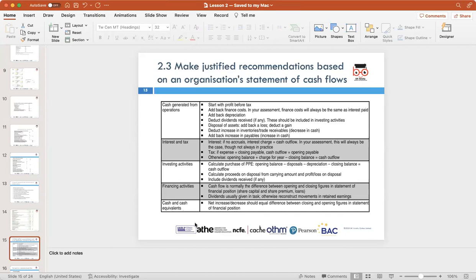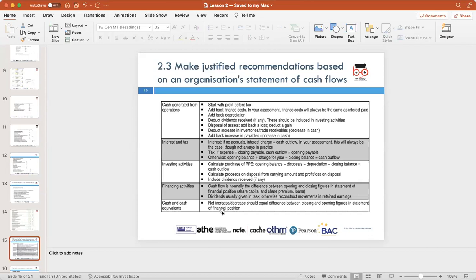So cash and cash equivalents, net increase or decrease, should equal the difference between closing and opening figures in the statement of financial position. The thing to remember or keep in your mind is that the statement of cash flow is not just a report.